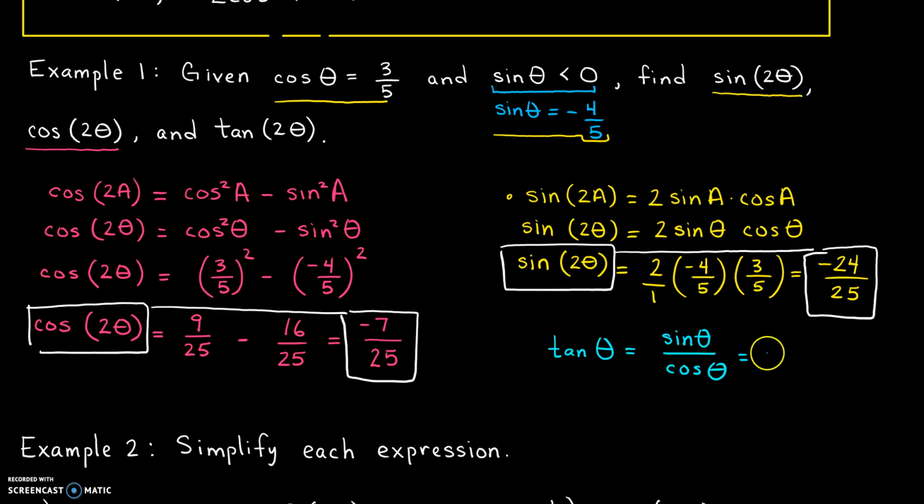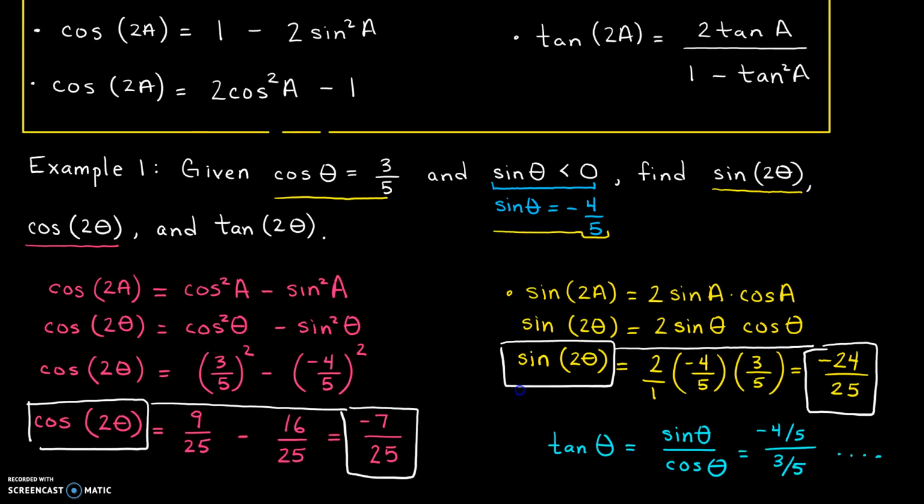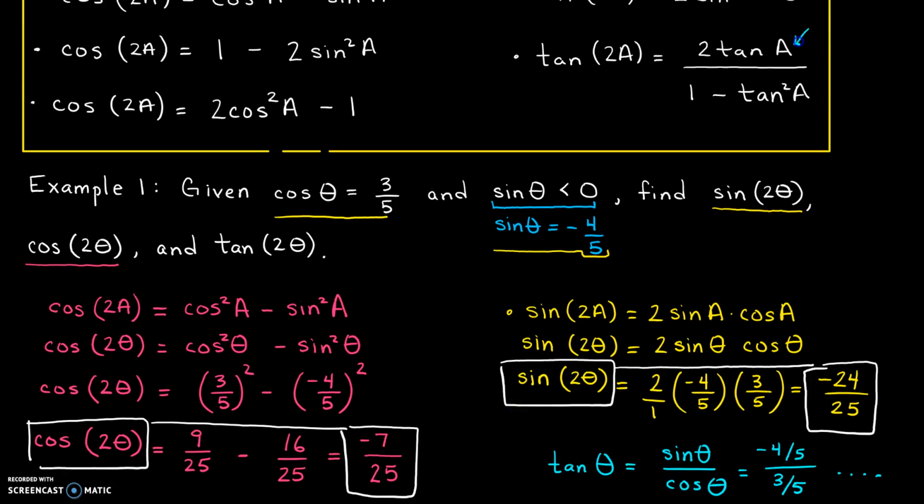And so sine of theta was negative 4 over 5, and cosine of theta was 3 over 5. And then you can go ahead and simplify that. Again, just multiply by the reciprocal. And now you have your tangent of theta so that you can go ahead and plug in to your identity there.